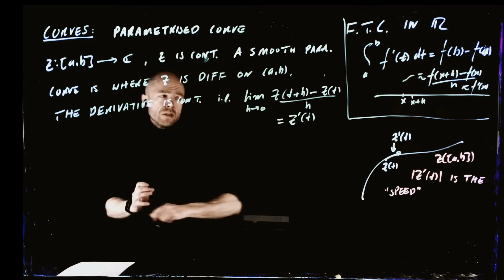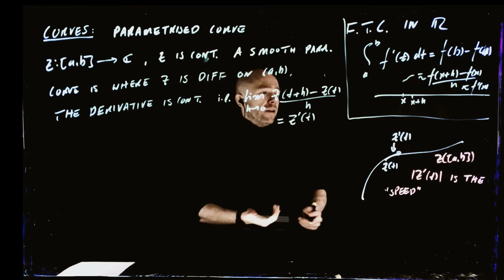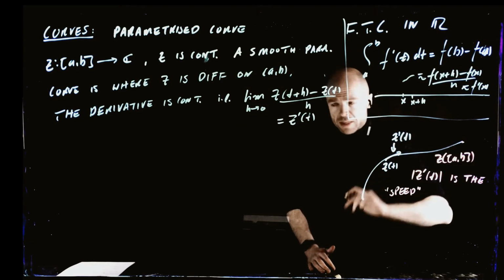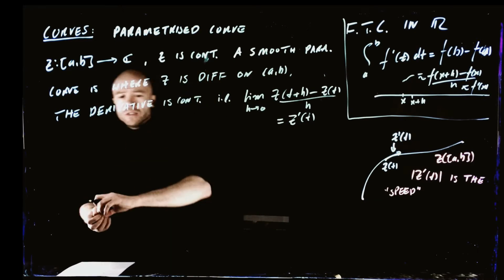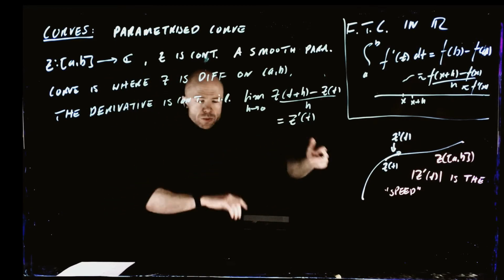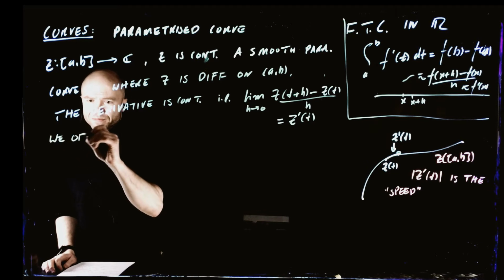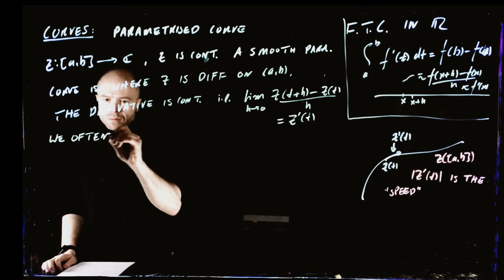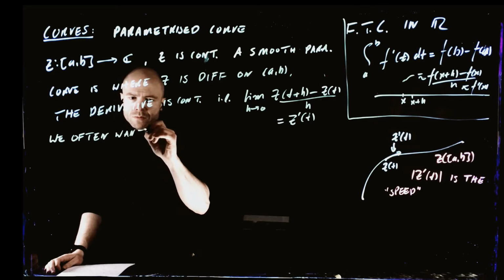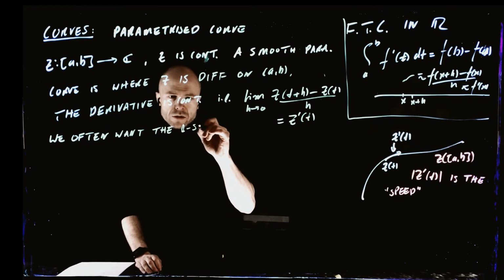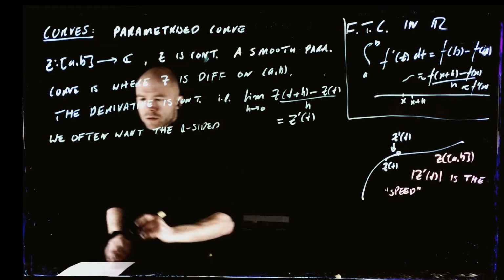And we often want to have some one-sided derivative at the endpoints, because we're going to deal with closed intervals and we're going to stitch them together to have piecewise smooth curves. So you often want the one-sided derivatives to exist.